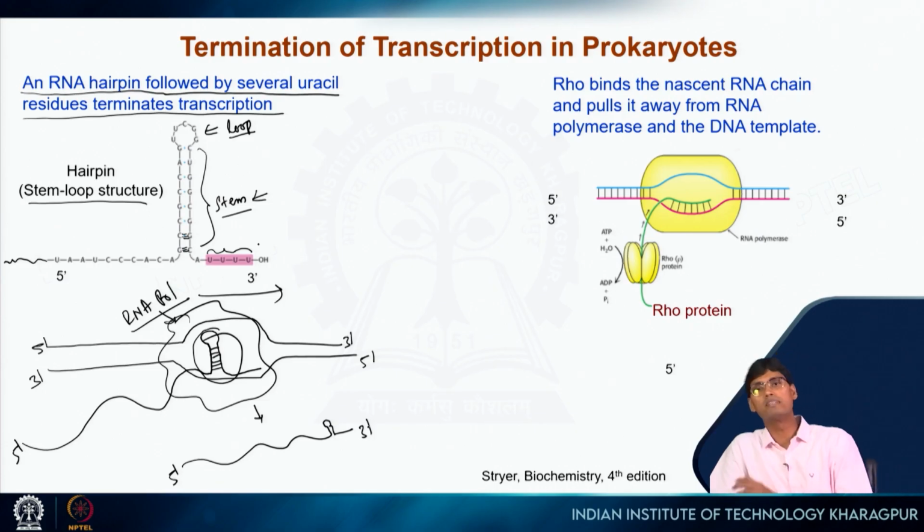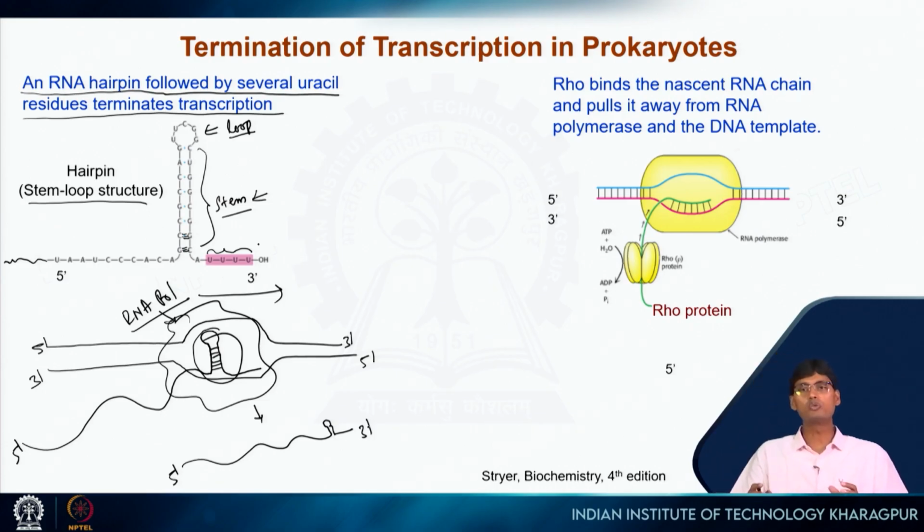But scientists observed something when doing in vitro transcription, which means we can carry out transcription inside a tube also. We just need some template DNA, some RNA polymerase and raw material ribonucleotides, and we can start transcription, right? While they were trying to synthesize RNA in vitro, they found that sometimes the transcript is much longer than the gene itself.